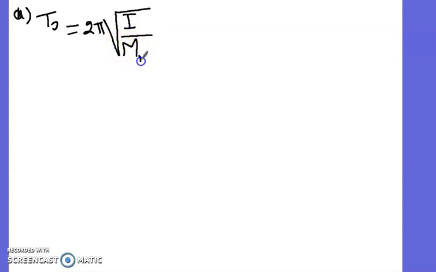Let me call it m_T, representing the mass of the pendulum, g over a, where a represents the position of the center of mass of the compound pendulum relative to the axis of oscillation. So we find each term alone.